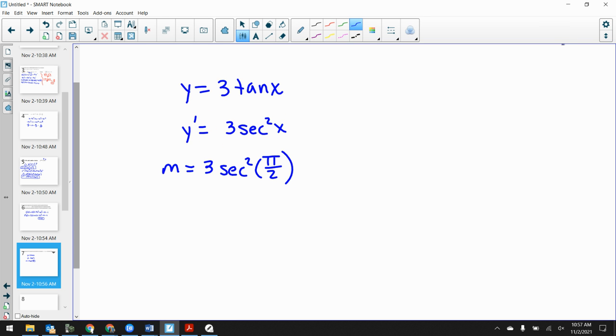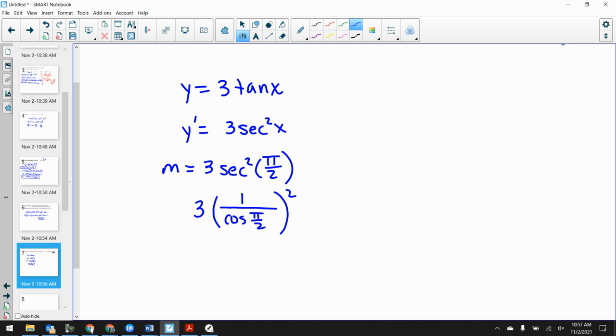Okay, so that means I've got to take this. Ooh, secant squared. What is secant again? 1 over cosine of pi over 2, and all of that squared. That's what secant squared really means, right? What is cosine of pi over 2?